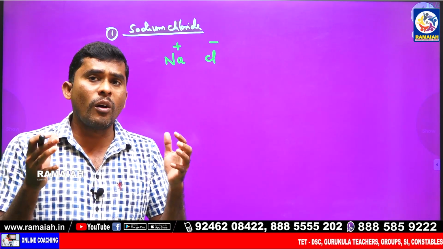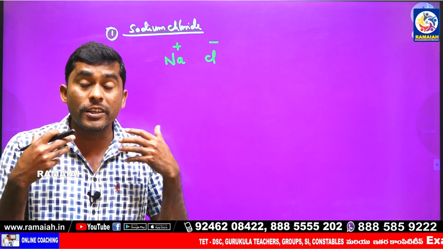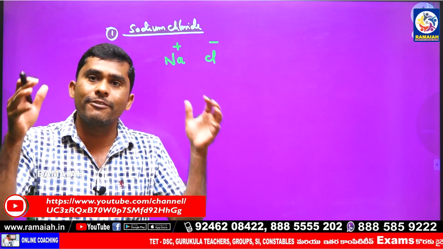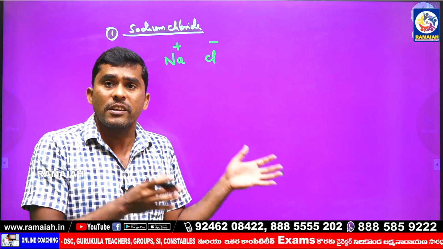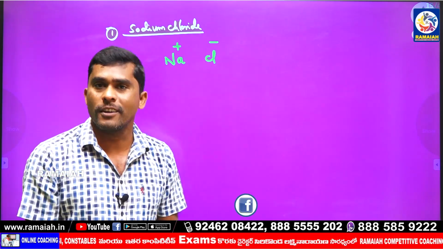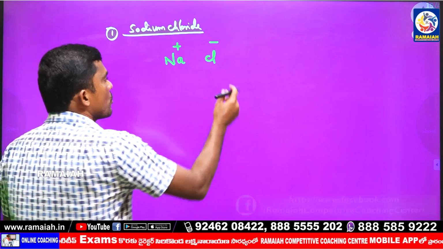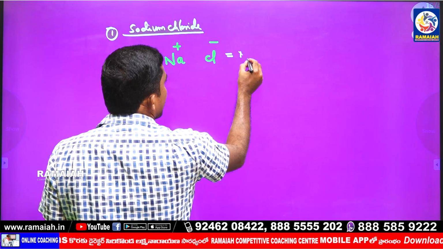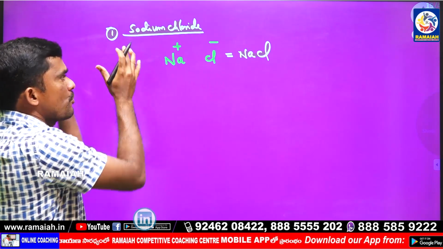When the sum of all charges of the ions is equal to 0, that is the formula of that compound. So its formula is NaCl, the formula of sodium chloride.